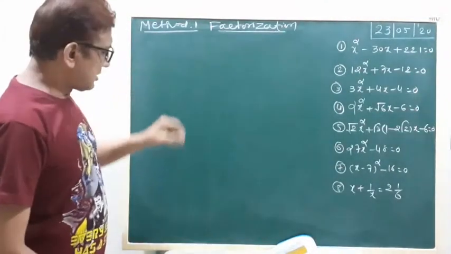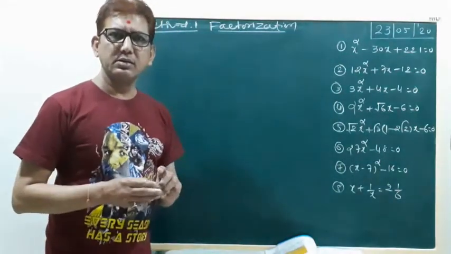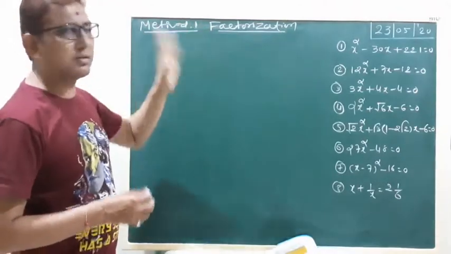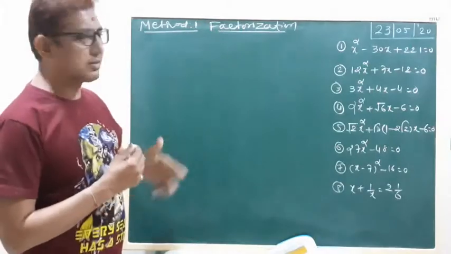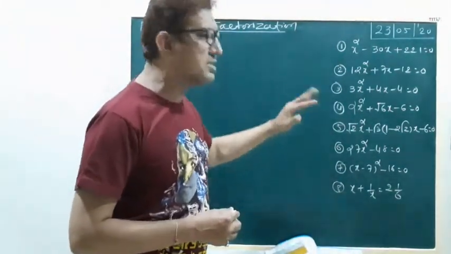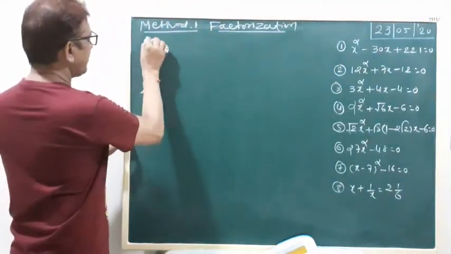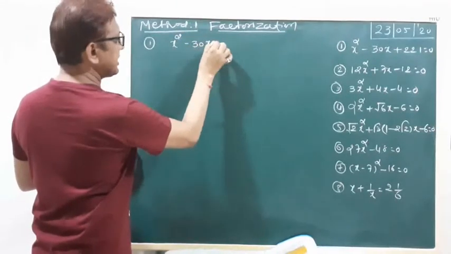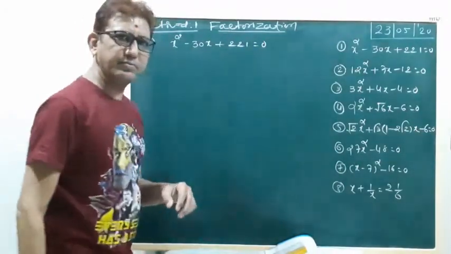Okay. Now we discuss the factorization method in the quadratic equation chapter. It is the most important method. This is your first method, factorization method. Here we write 8 questions and discuss them one by one. First question: x square minus 30x plus 221 equal to 0.